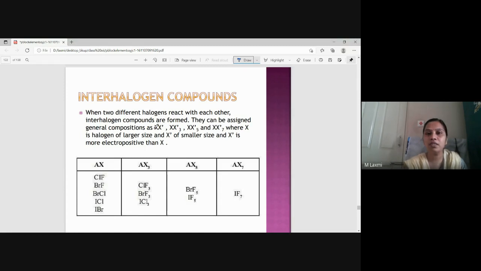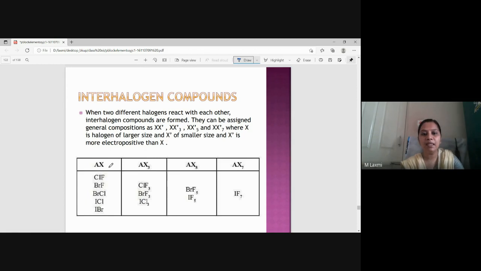Which is the strongest halogen? The one which is more electronegative. Can anybody say? Ma'am, fluorine? Fluorine, yes. So fluorine is the most electronegative. When I write fluorine as the first one, then the second one should be less electronegative, meaning more electropositive than this electronegative fluorine.